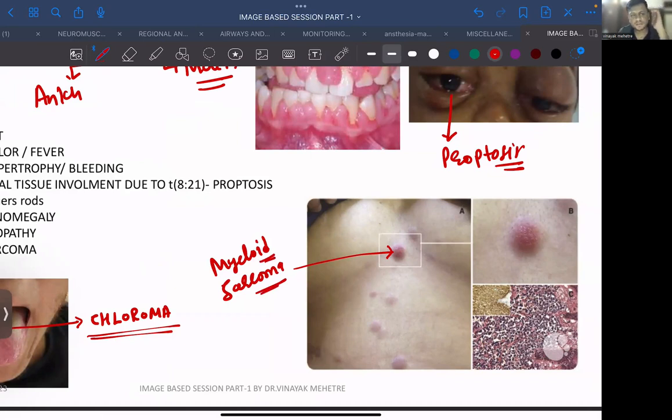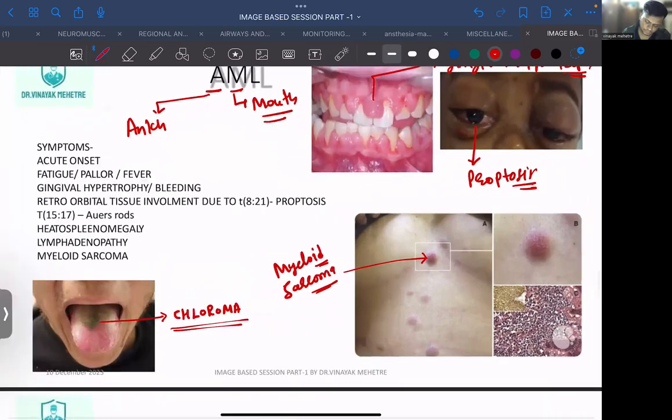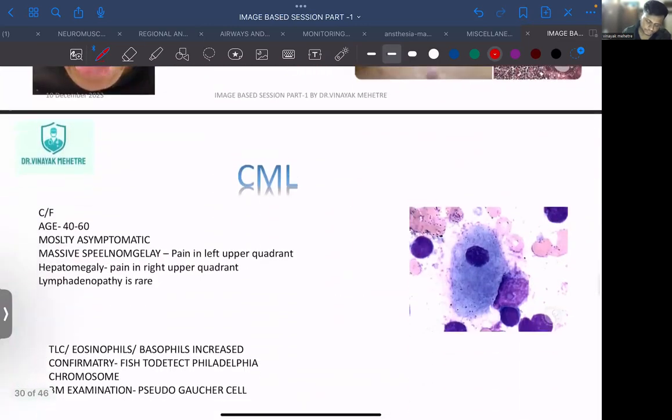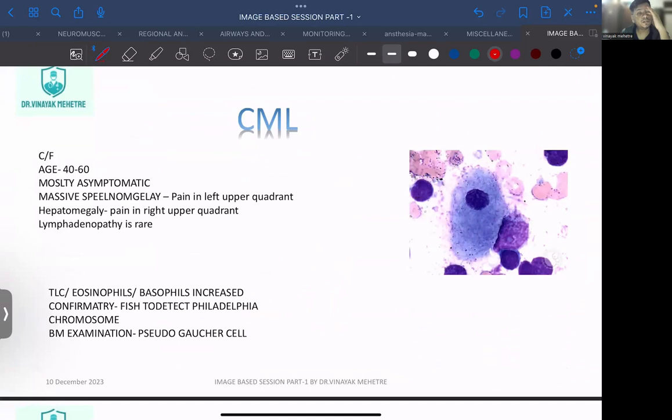Okay, redness on sternum is called as myeloid sarcoma. ठीक है, समझ आया? AML and ALL. If yes, then we will move ahead. Then comes CML. दोनों समझ आ गए. Now we are going to take care of CML. एक याद रखना, इसमें क्या लिखेंगे वो?